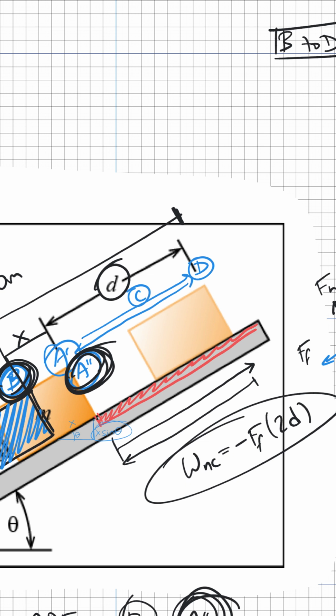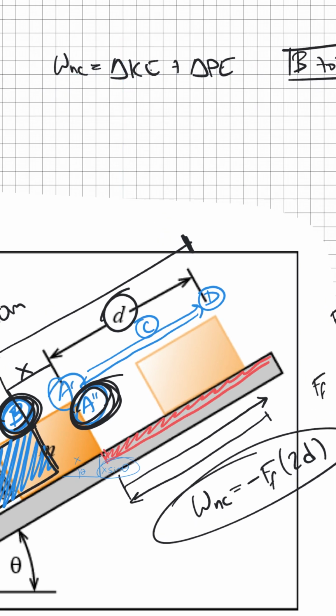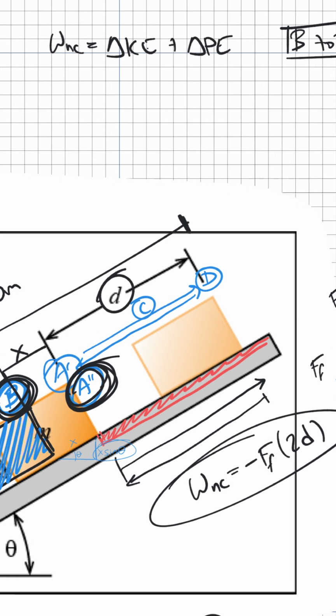Okay, so from B to D, work not conserved equals the change in KE plus the change in PE. The work not conserved is going to be negative force of friction times the distance over which it travels. To go from B to D, it's going X plus D. It's going this whole distance, right?